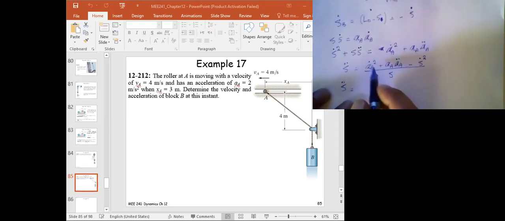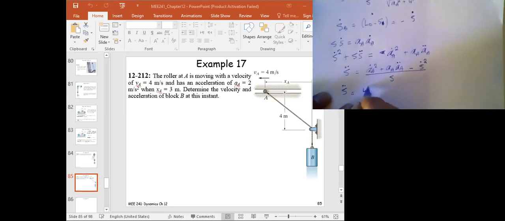We know X prime A is 4, so 16. 4 squared plus XA, which is 3, times XA double dot, which is 2. Minus S prime squared. What is S prime? 12 over 5, exactly. Divided by 5. Okay, how much is that? 6 over 5.